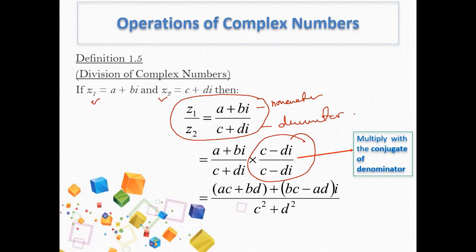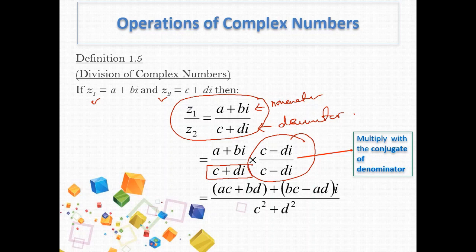Excuse my handwriting. So the conjugate that you need to multiply is the conjugate of the denominator.